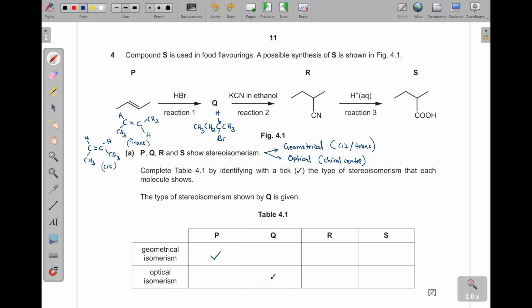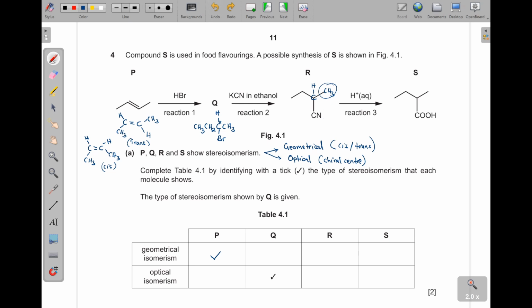And then let's go to R. R here, there is a carbon. There is a silent hydrogen which is connected with that carbon. Remember, this is skeletal. So this is CH3. So this group is different from this, is different from this, and it is also different from this one here. Okay, so this one also has a chiral center.